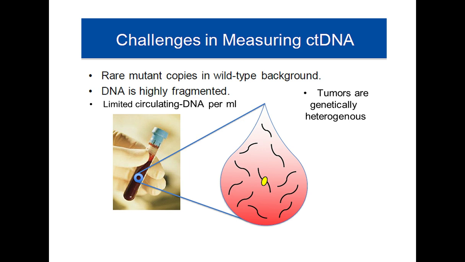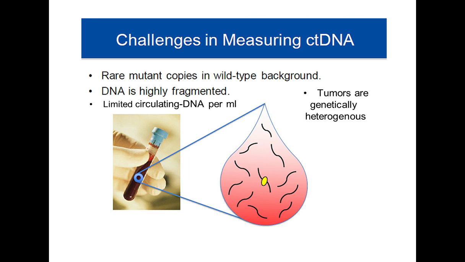But the difficulties continue. You have a limited number of DNA molecules, nanograms per ml of plasma or blood. So as a result, from a standard collection of 10 to 20 milliliters of blood, you only get a few nanograms of circulating DNA out of which to extract the small portion that is useful information, the small portion that comes from a tumor or from a fetus in the case of prenatal diagnosis.